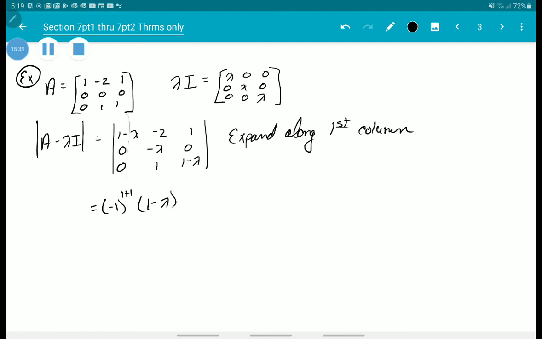If I take out the first column and first row, I'm left with [-lambda, 0; 1, 1 minus lambda]. And then I would have 0 times some stuff plus 0 times some stuff. So -1 squared is a positive 1, so this is going to be 1 minus lambda times this determinant, which would be -lambda times 1 minus lambda minus 0.